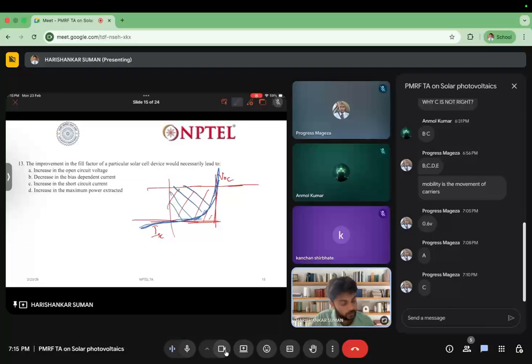So this is the area. The area of the ideal solar cell with respect to the real cell is known as fill factor. So this is related to the total power output from the device. This gives the quality of the solar cell, it tells you how good your device is.